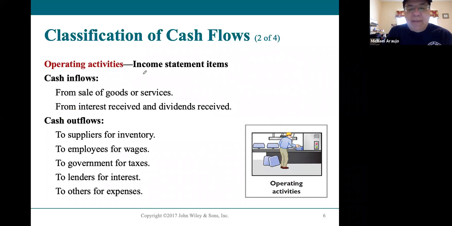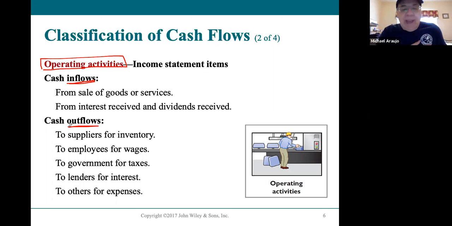So operating activities, all activities are classified in two ways. Cash coming in and cash going out, okay? So a cash inflow is simply cash flowing into the company. Okay? So how does cash flow into the company when you think about the operating activities?